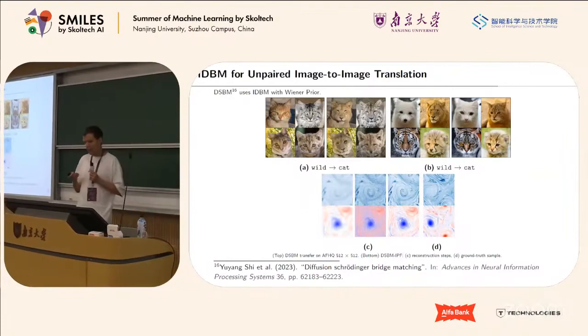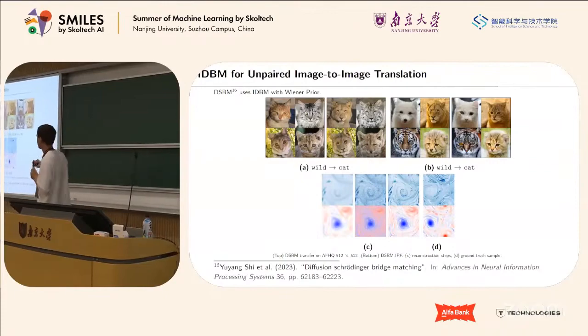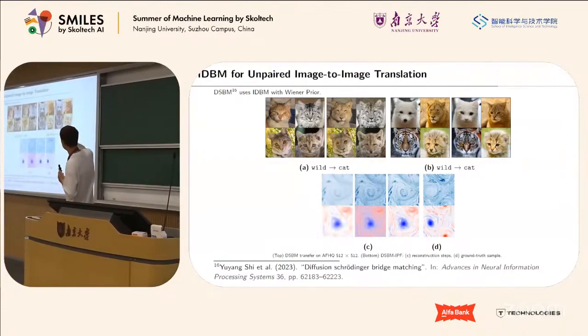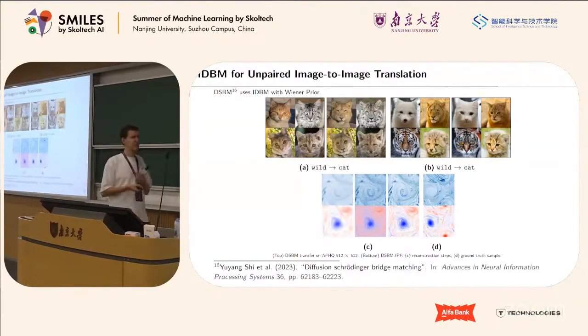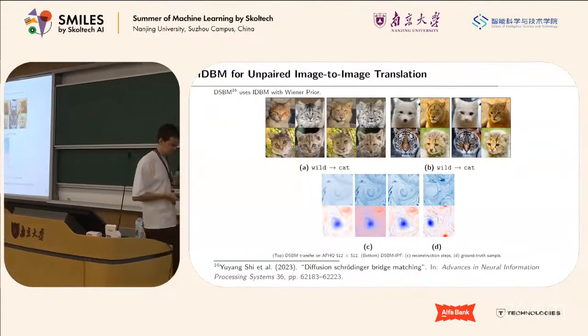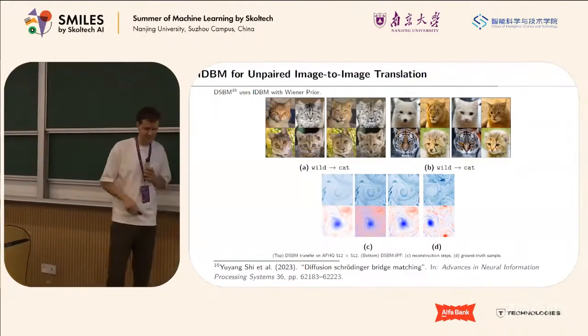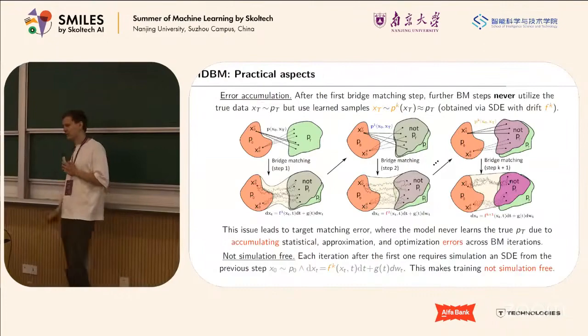They also show some model examples of how you can do domain translation on unpaired data. For example, they consider the domain of wild animals and the domain of cats, and do cat to wild and wild to cat translations. These are standard model examples where people usually test such algorithms, besides some particular applications.